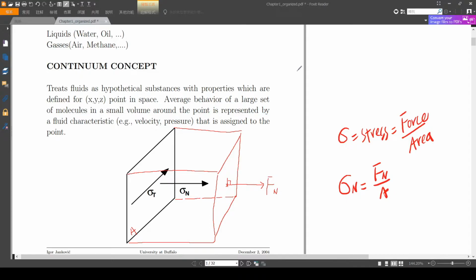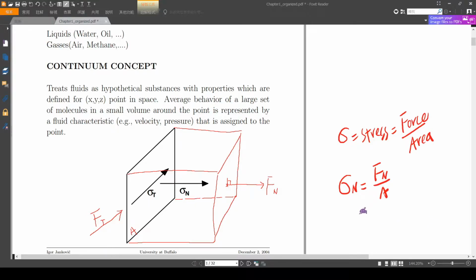So similar to the normal stress, a shear stress means that the force comes from this direction, the tangential direction, and we will call it the shearing force here. The force comes from this direction, divided by area, then we will get the shearing stress.